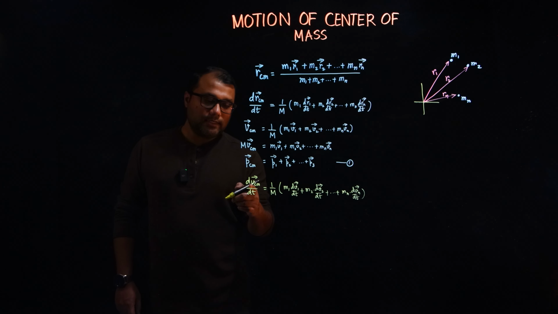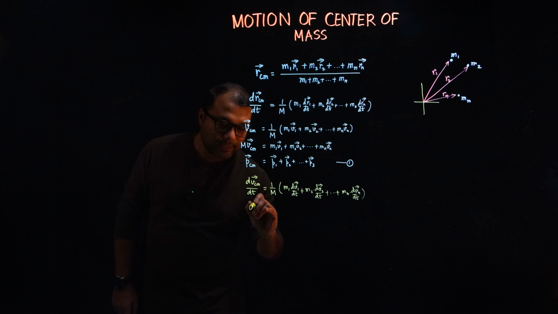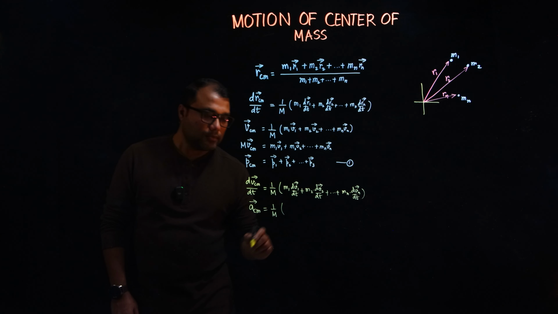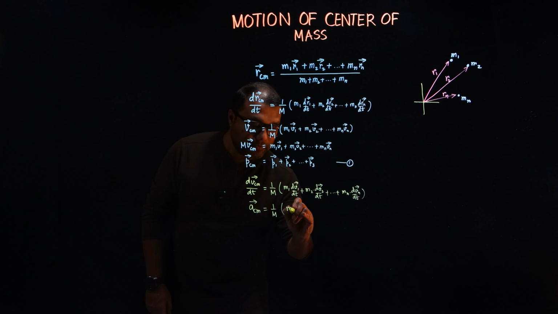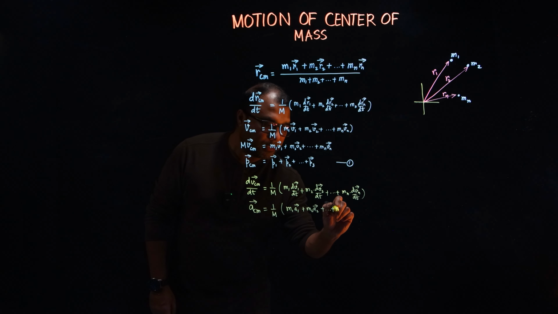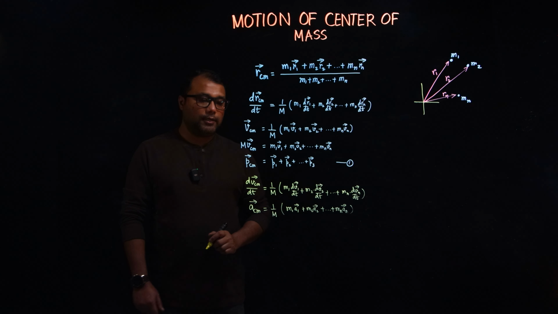Again you will see that this term is nothing but acceleration of the center of mass. And these are the individual accelerations of each of those particles. So we can write it like this. Okay.